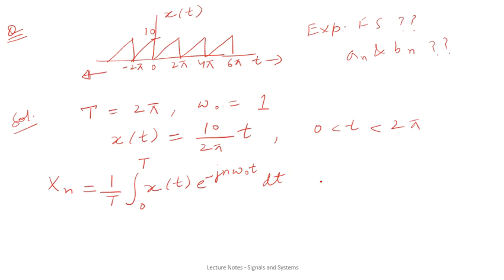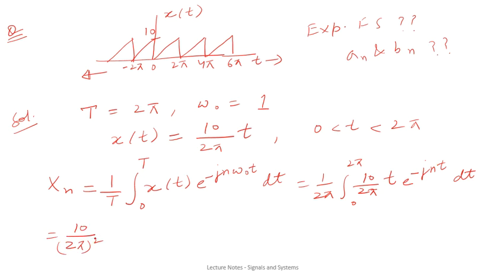Okay, so just put the value here of different parameters. So it will be 10 upon 2 pi, t e raised to the power minus j n t dt. So 10 upon 2 pi square.